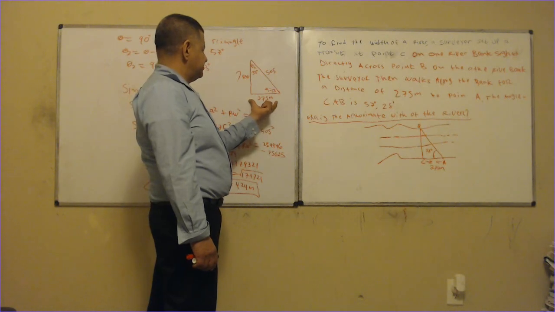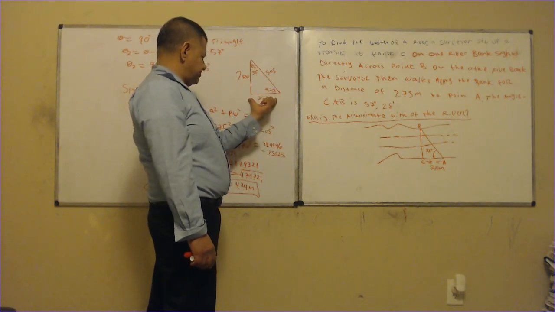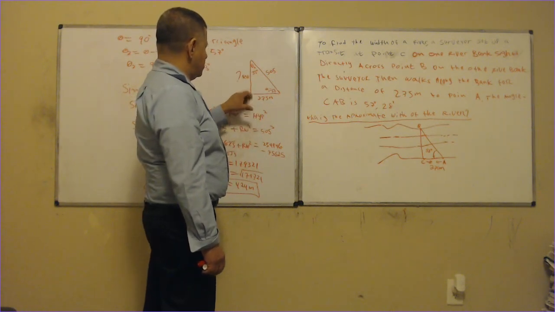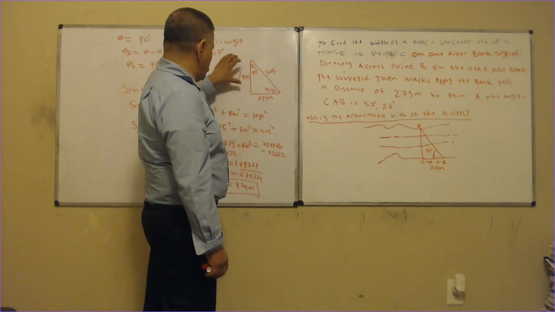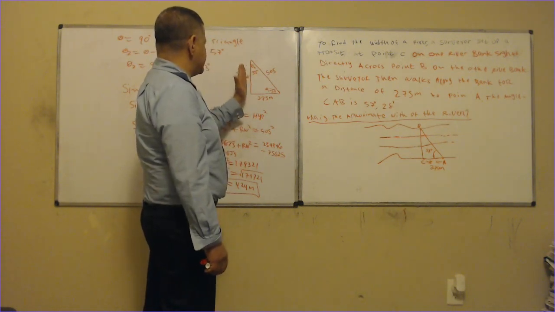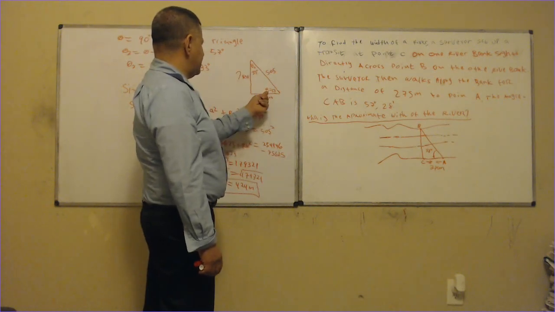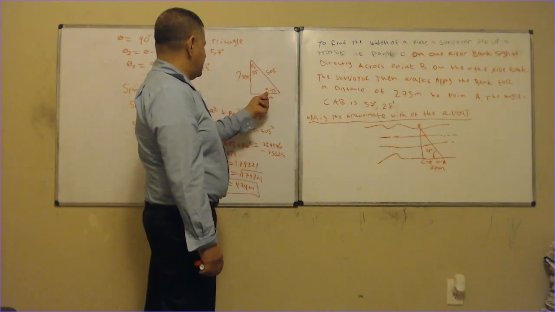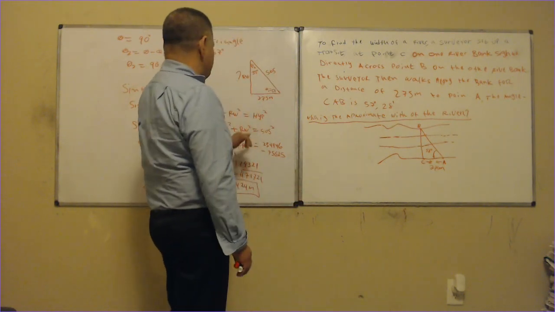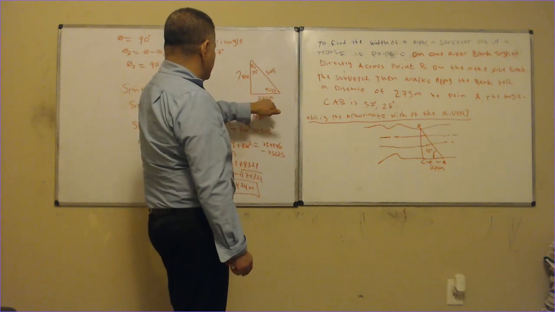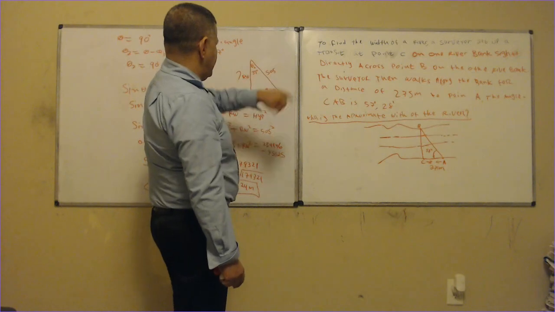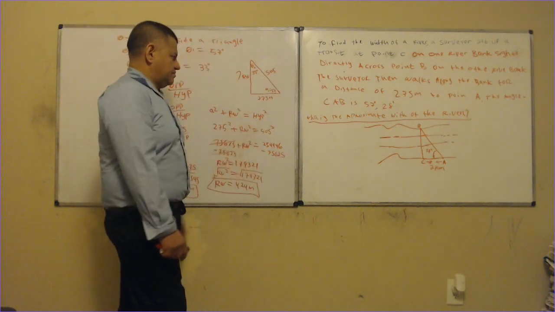Yes, we can use the tangent to calculate this, because this right here is the opposite side from this angle, right? But you can also use different ways to solve this. As a matter of fact, you can use cosine of that, and I'm pretty sure you get the right answer too.